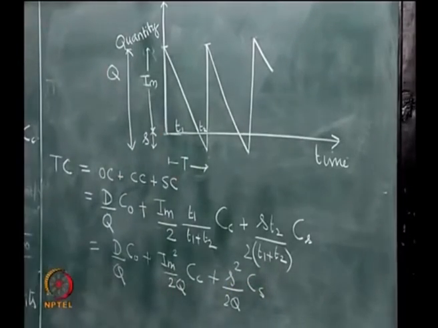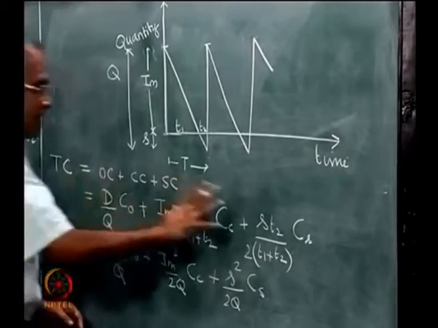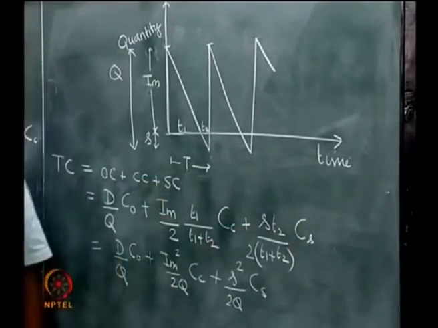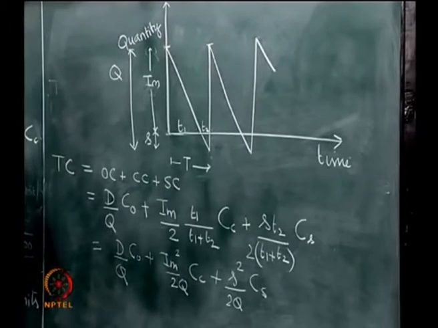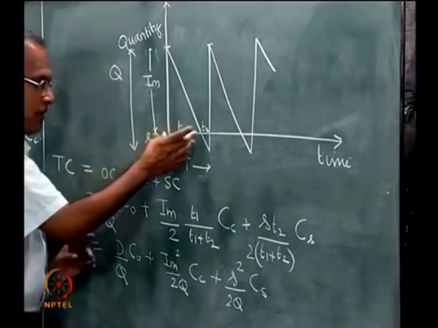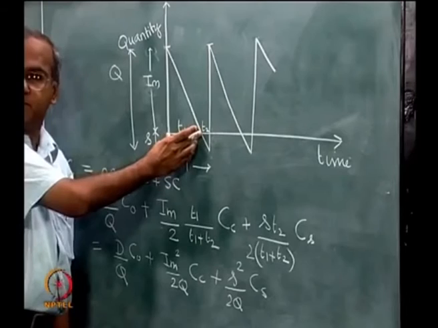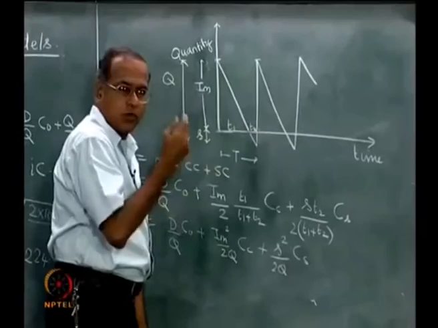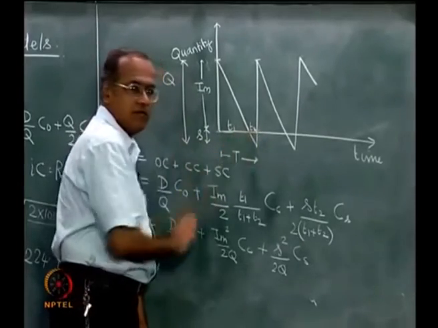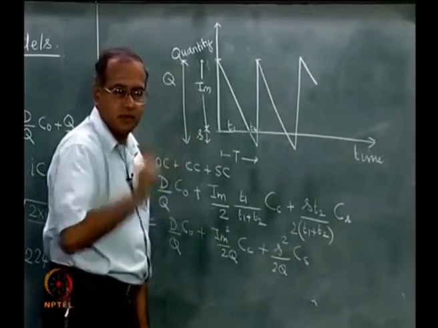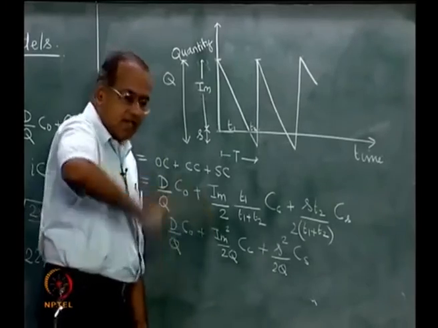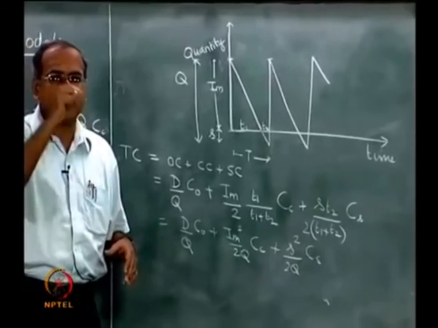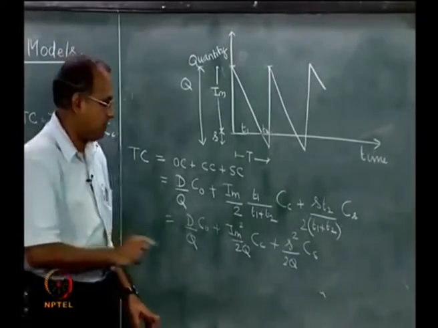Let me explain it again. When we calculated this portion, which is the back order cost portion, the average back order in a cycle is, for T1 part of the cycle there is no back order. For this part of the cycle, the total back order is area under the curve, half into S into T2. So the average back order at any point in time is half into S into T2 divided by T1 plus T2.